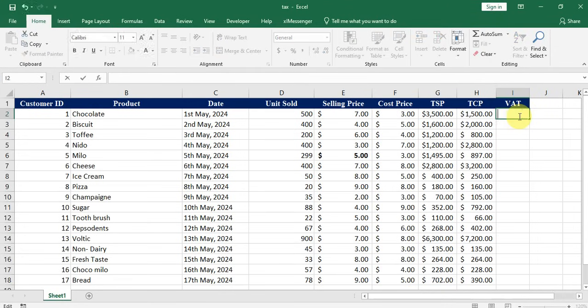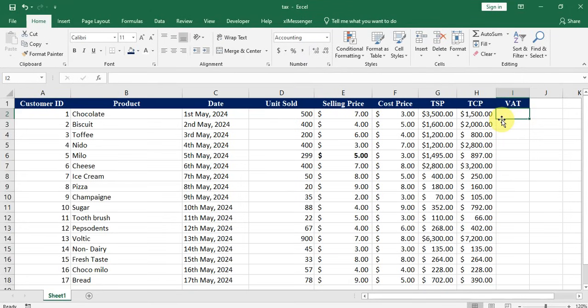Let me take it again. Somebody will say, I didn't get what you did. We are calculating the value added tax. We bought the chocolate at a price of 3 cedis, and then we came and sold it at a price of 7 cedis to make profit. And then we want to calculate the tax that was added to the chocolate. Any product that you buy, there is tax on it, but you don't see it, directly or indirectly.